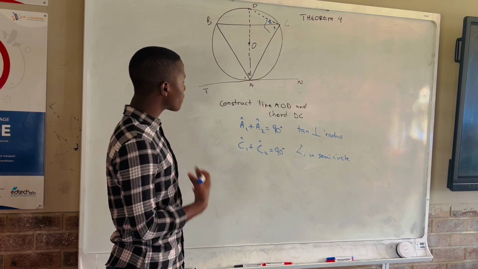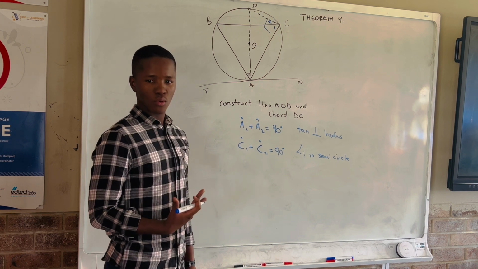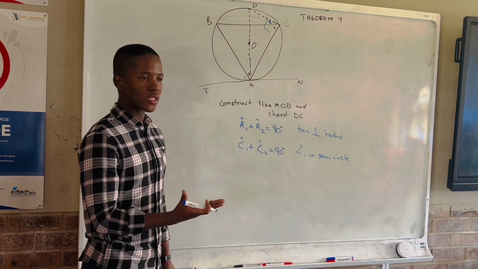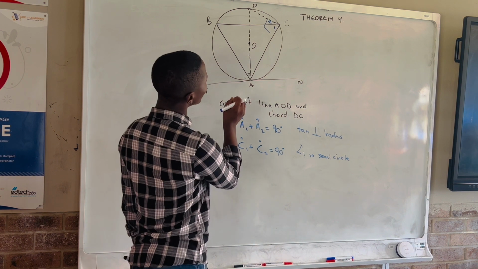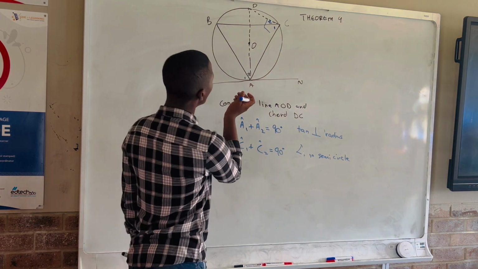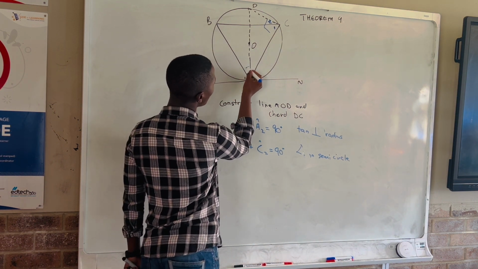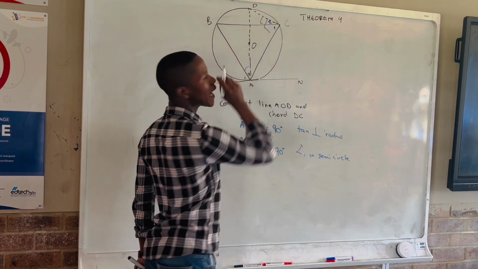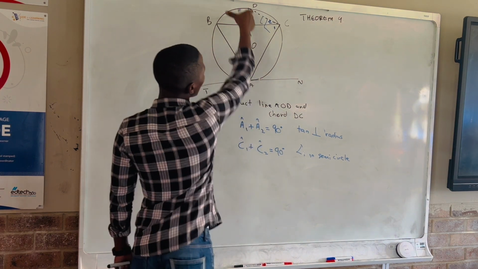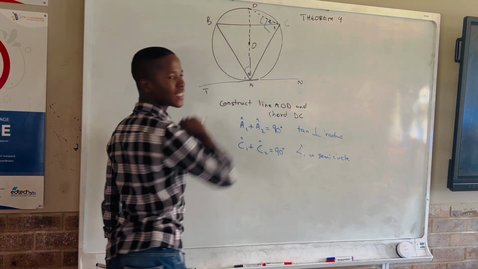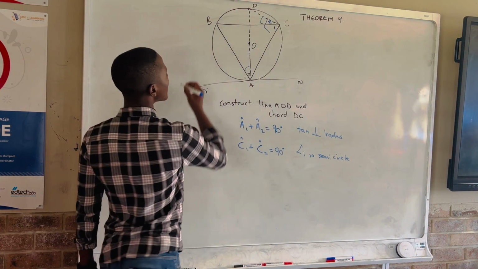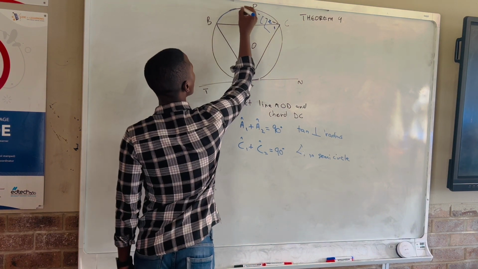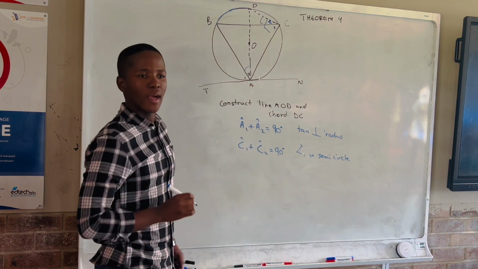And now from there, what is it that you can do? Let's look at this one. Can you see that your angle A2 is equal to your angle C2, because these angles are subtended by the same arc, which is this arc, arc BAT.